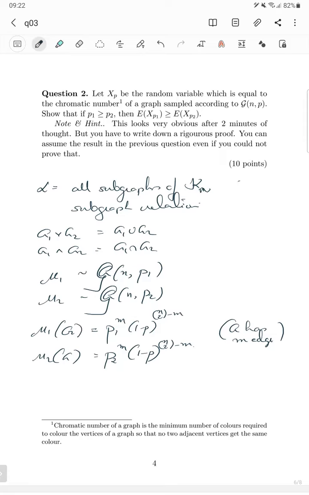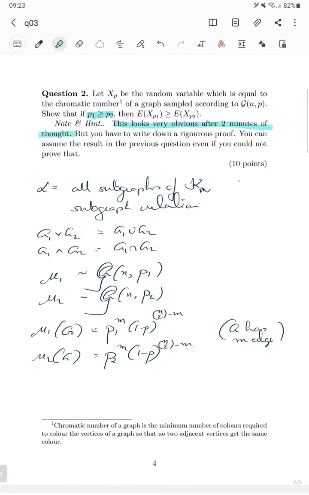This is why I said this looks obvious after 2 minutes of thought. Since we are given that P1 is a larger probability, it should be clear that P1 favors slightly more denser graphs. There is more probability of picking a denser graph under mu1 rather than mu2.